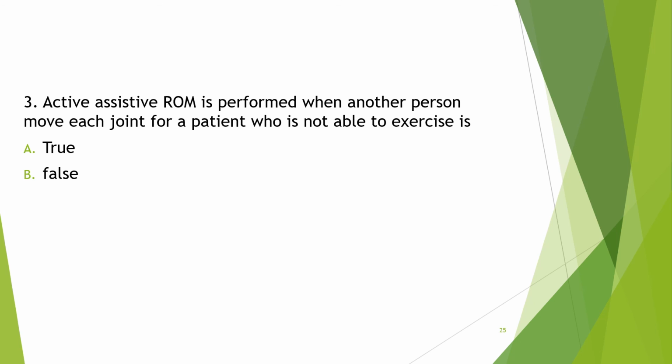Is this exercise known as active assistive range of motion? Is it true or not? So tell me. So the right answer is the B option. It is not true, because active assistive range of motion is done in those patients who are slightly able to do their exercise. He needs some amount of assistance. Okay.